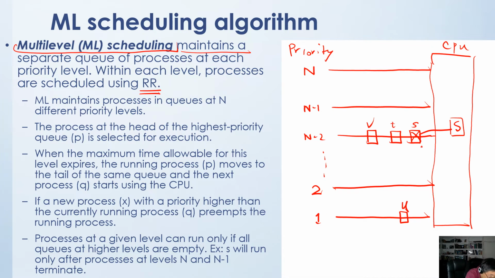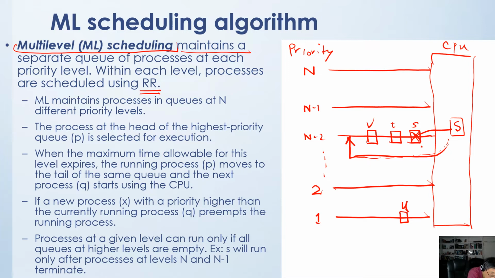So S is running now. Okay. Now, when the process S completes its job, it will be placed at the tail of this queue. Okay. And then the ML, multi-level scheduling algorithm, is going to check all the processes again and find out that n-2 is still the highest priority level which contains processes.